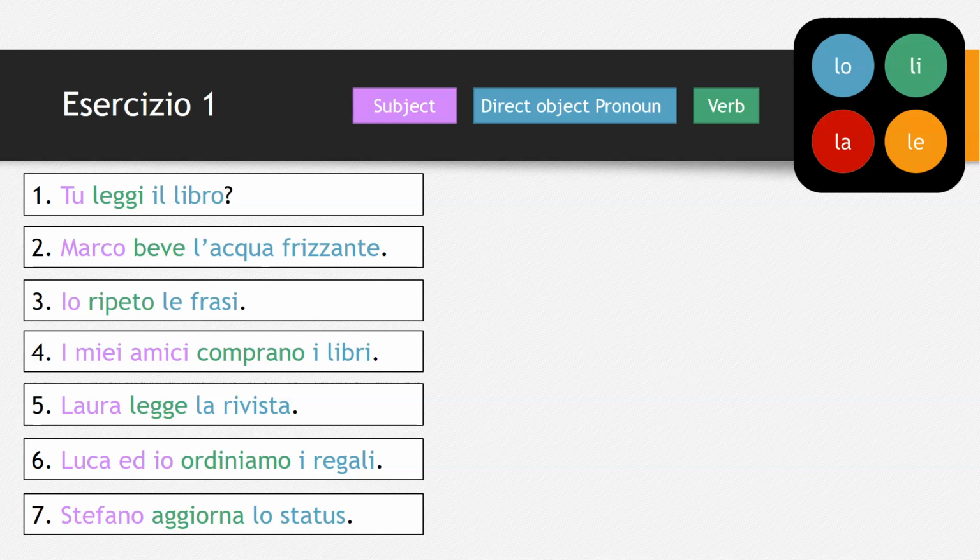So can you rewrite these sentences, or the first one's a question, in fact, replacing the noun with the direct object pronoun. So tu leggi il libro. Hopefully you got tu lo leggi. Are you reading it? Pause the video now, have a go at these sentences, and once you've done that, check back in for your answers.